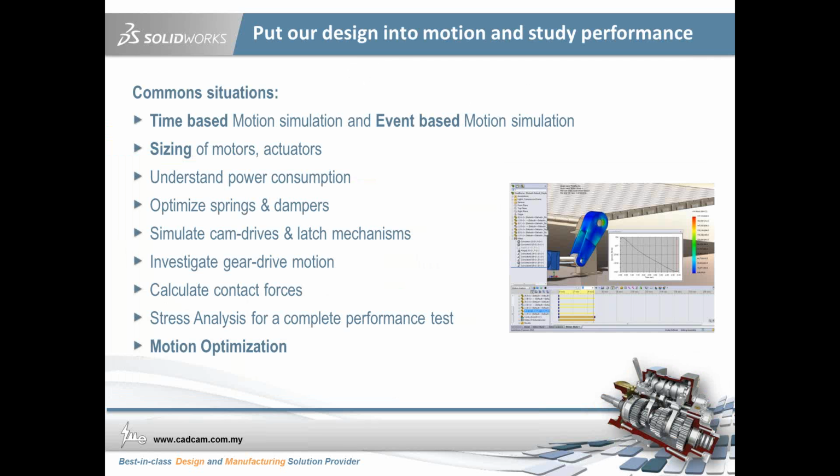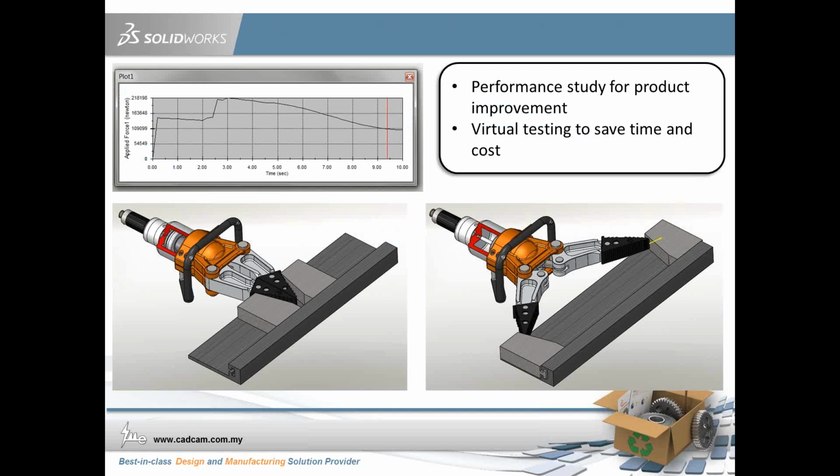We have time-based and event-based motion, and normally when we use motion, we are not just looking at how nice the mechanism is. We are talking about doing some calculation, getting some output, for example, power consumption, spring and damper, simulating cam drive, or calculating contact force.